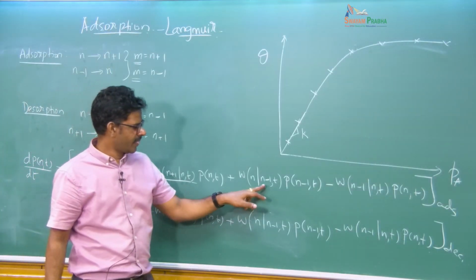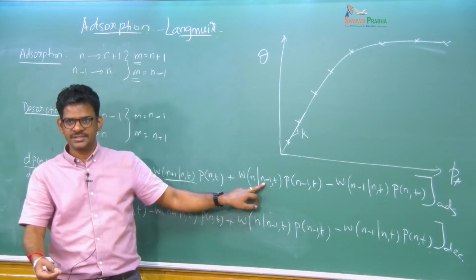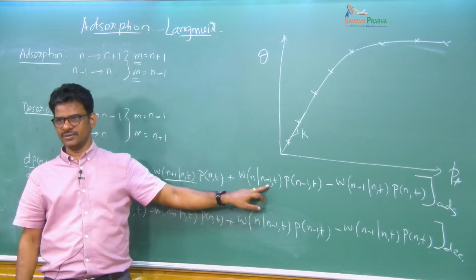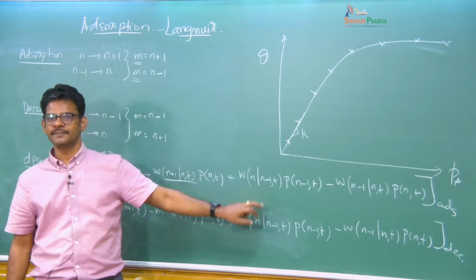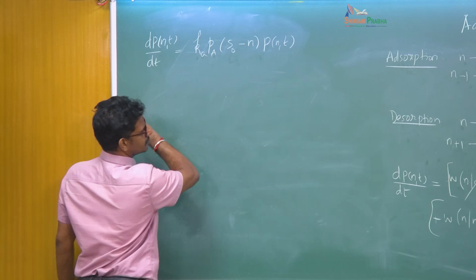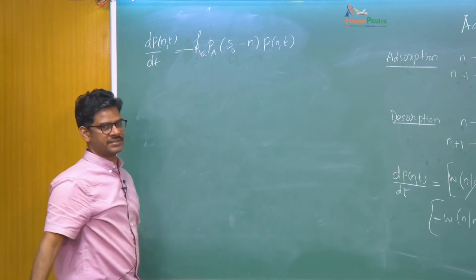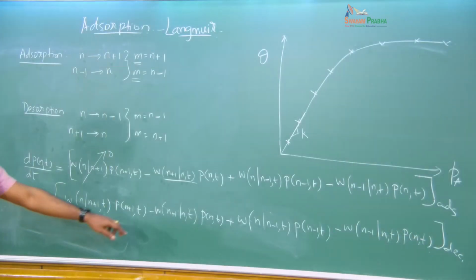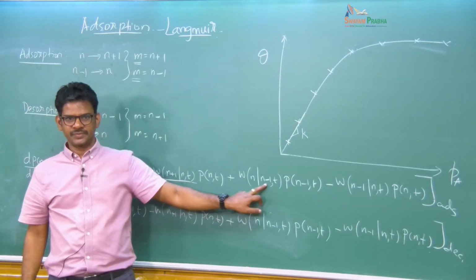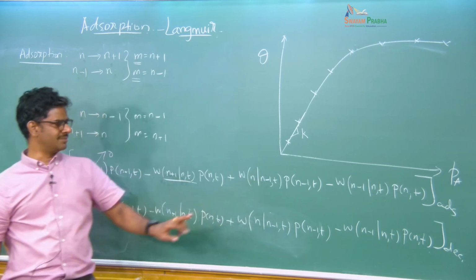What about this? Can we have a system at n minus 1, an adsorption event happens, and then lead to n? Is it allowed? Yeah. There's going to be a minus. Yes, you are right. There has to be a minus. The system is at n minus 1, adsorption happens and goes from n minus 1 to n. Is it permissible? Permissible. What about the rates?